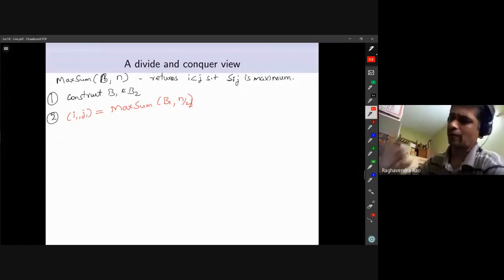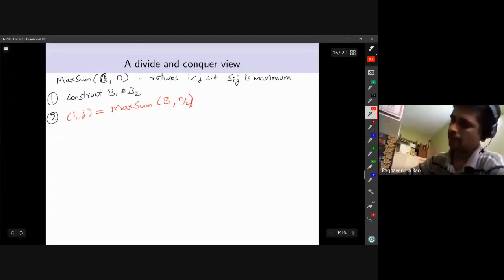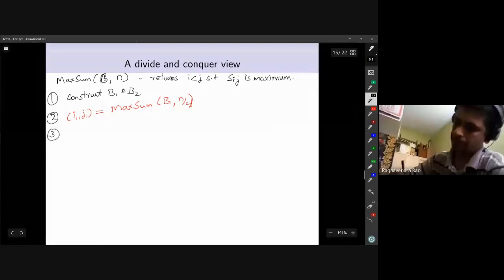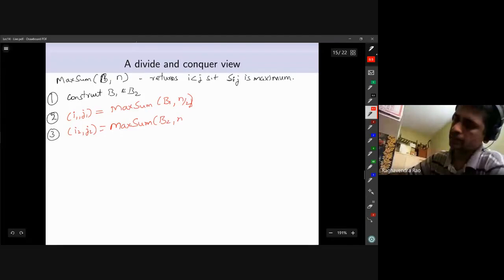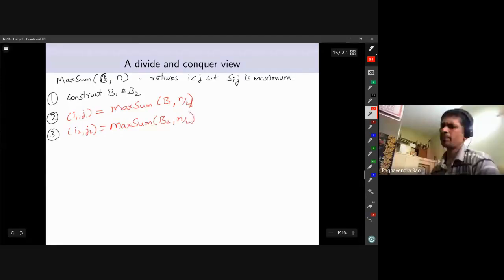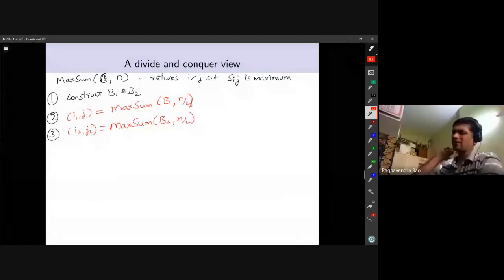In that case, I'll have to have ceil or floor, one case ceil and one case floor. So third step, compute i2 j2, which is the outcome of the recursive call with array B2. Again, size is n by 2. We'll just assume that we are copying into a new array, so we don't worry about indices.